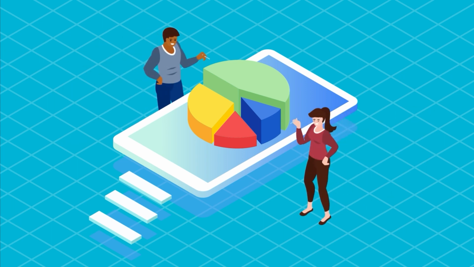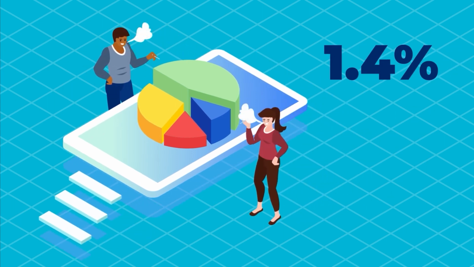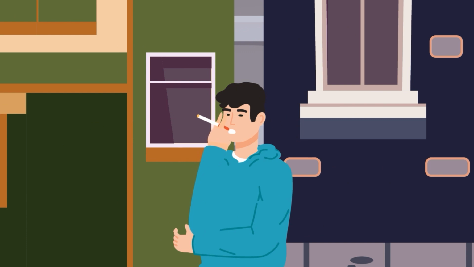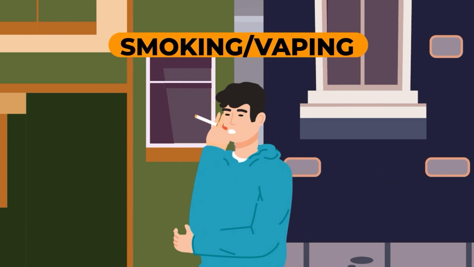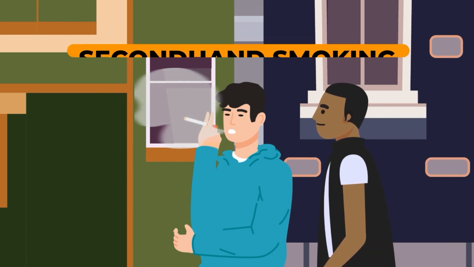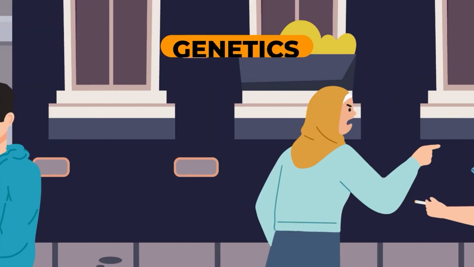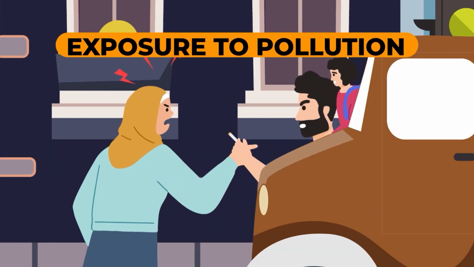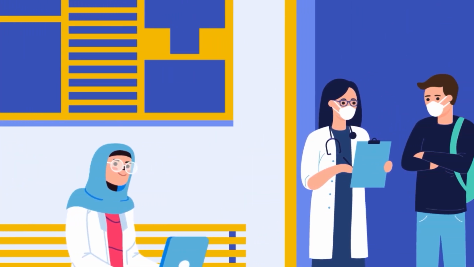According to a 2019 study in the Journal of Cancer, around 1.4% of lung cancers occur in people aged 35 and younger. Some common risk factors for lung cancers include smoking, vaping, secondhand smoking, genetics, and exposure to pollution. But don't worry, because there's hope.